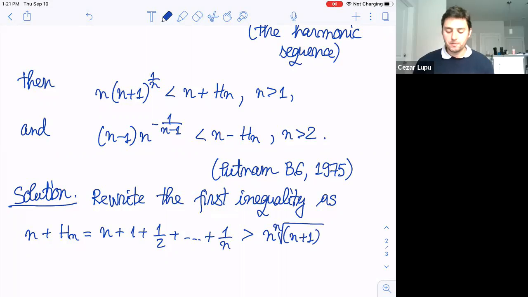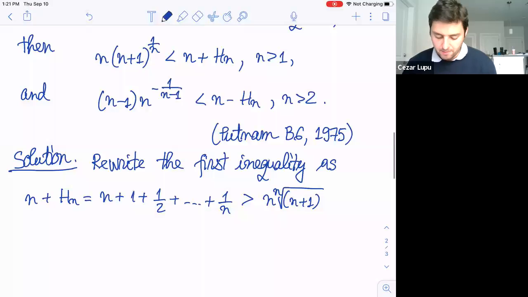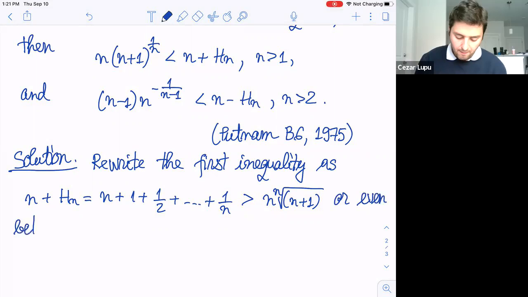Does this ring a bell to you when you look at this? Or even better, maybe let's break this n into n ones. So we will have 1 plus 1 over 1.